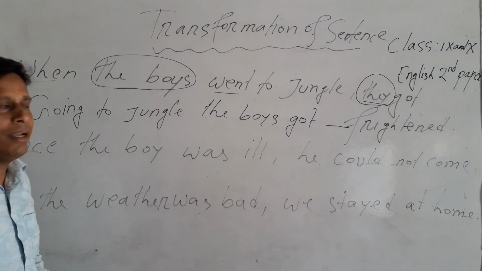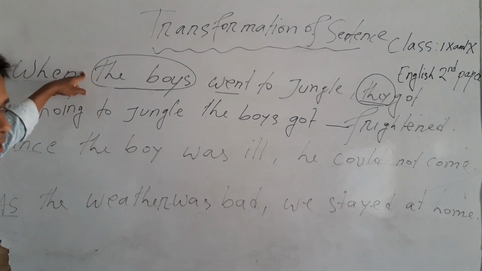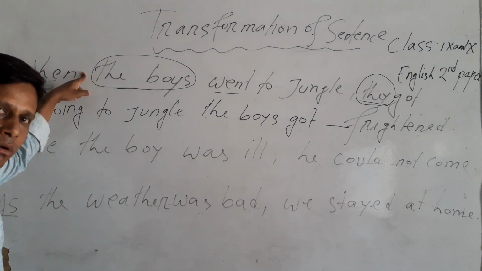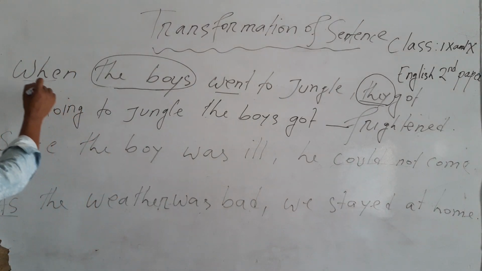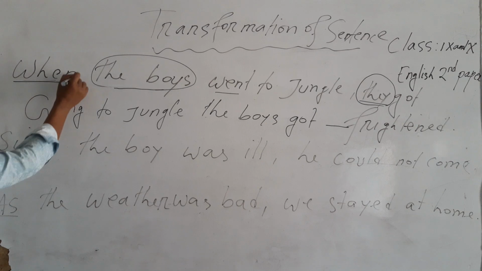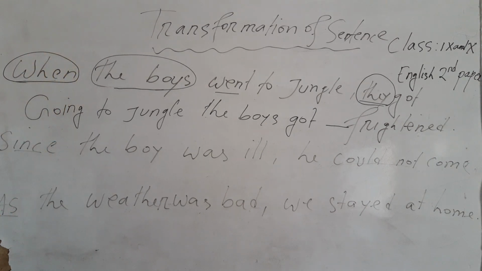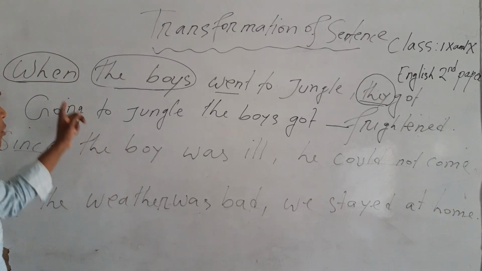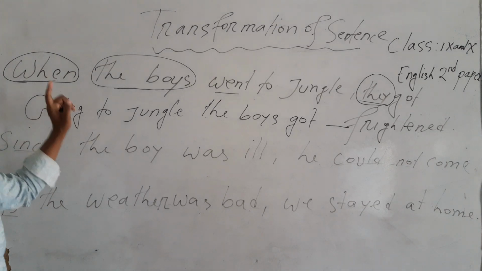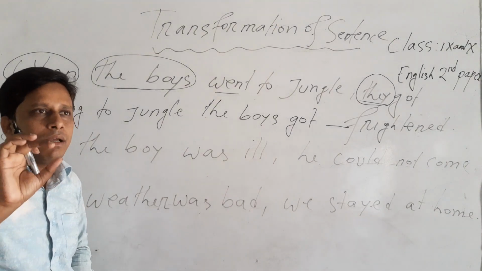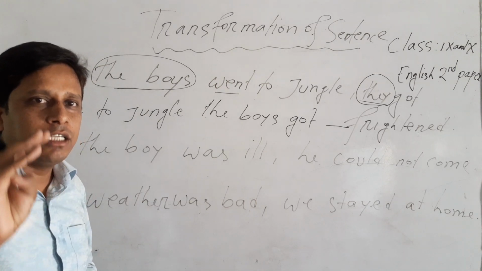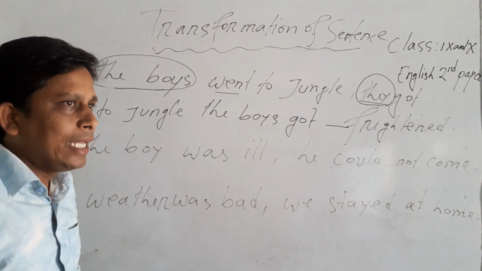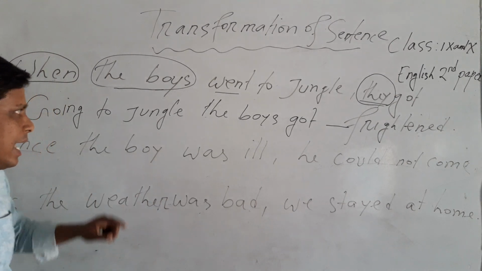And how can we transfer this complex sentence into compound? It is very easy. When is not necessary to write in a compound sentence, because we know two clauses are connected in a compound sentence with the conjunctions and, but, or.